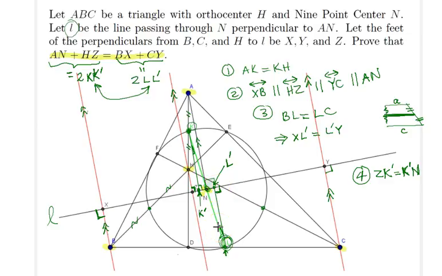So let me write down the final result here, result 5: triangle KNK prime is congruent to triangle LNL prime. And that basically establishes the desired result that KK prime is equal to LL prime. And that solves our problem.